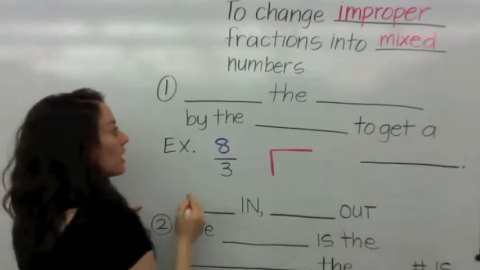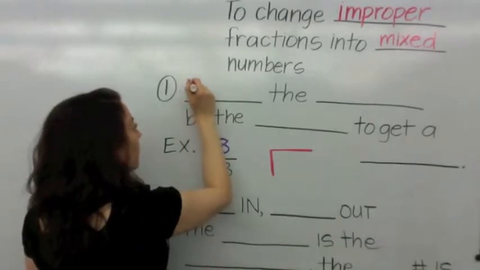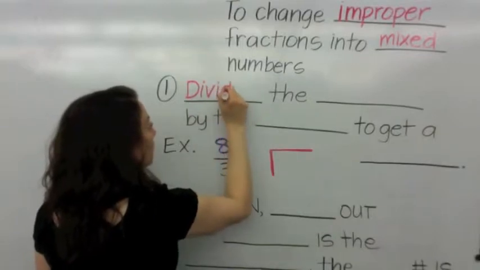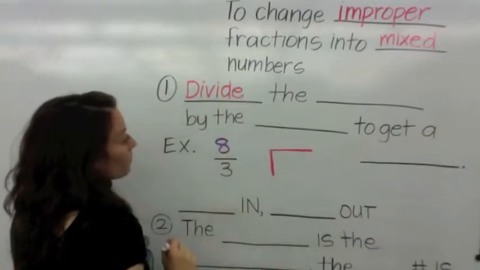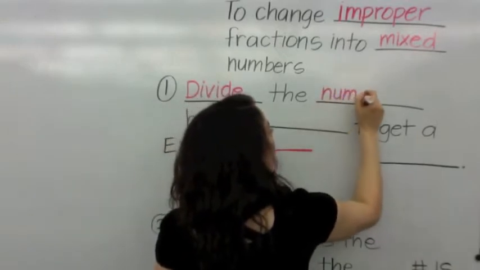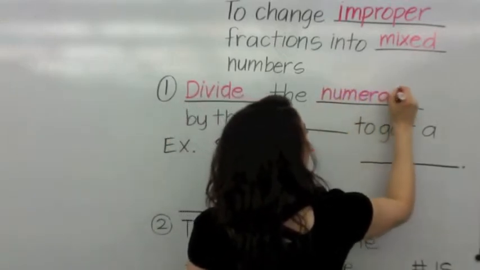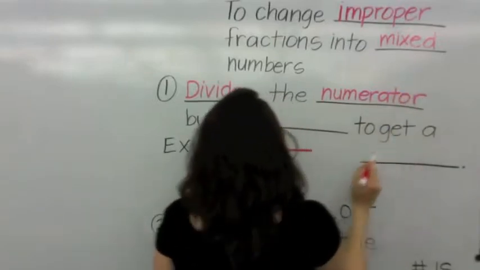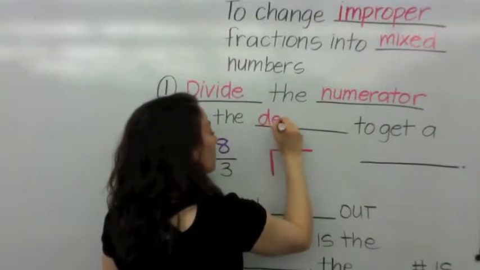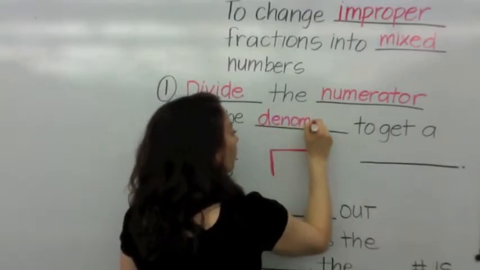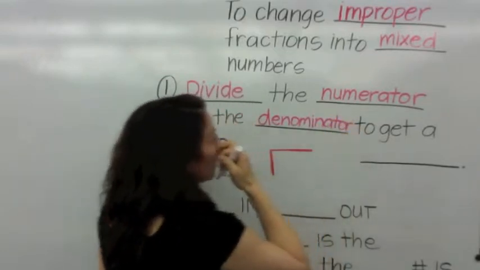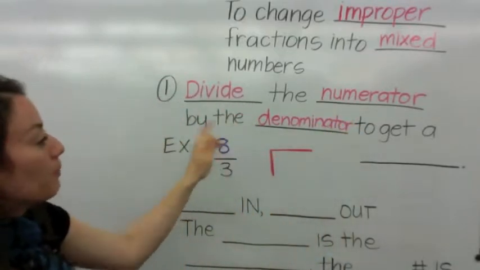What you have to do is first divide the numerator, which is the number on top, by the denominator. Okay. So divide the numerator by the denominator.